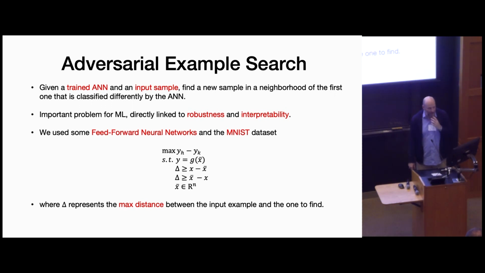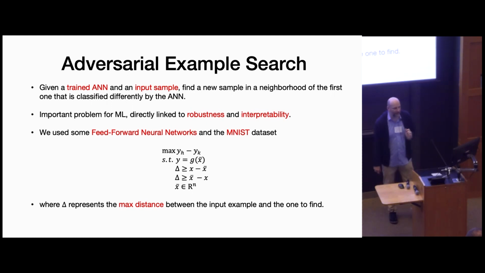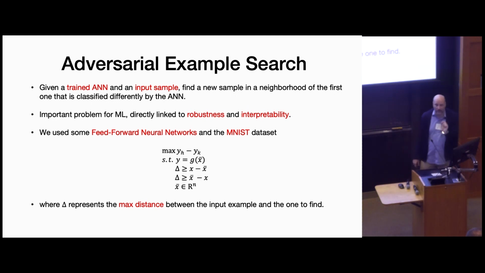You assume you have a classifier and an example. This example is classified as, let's say, negative by your classifier. You would like to have the closest possible input to your negative classified example, such that it's classified the other way around, so positive, okay?